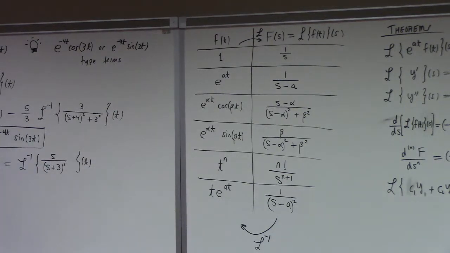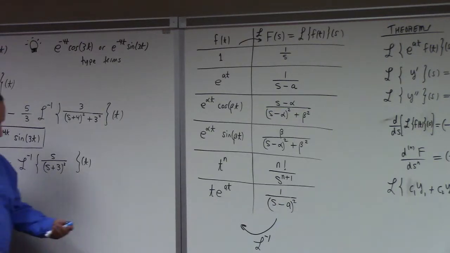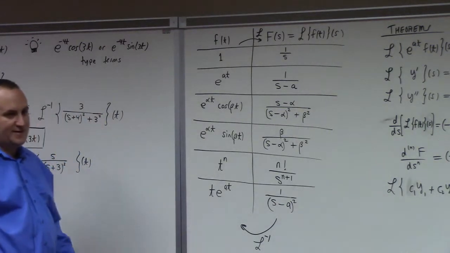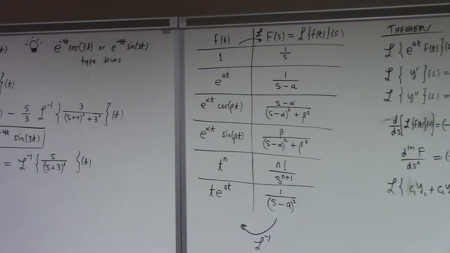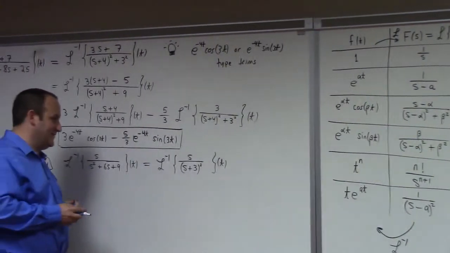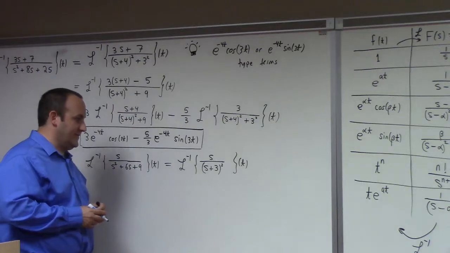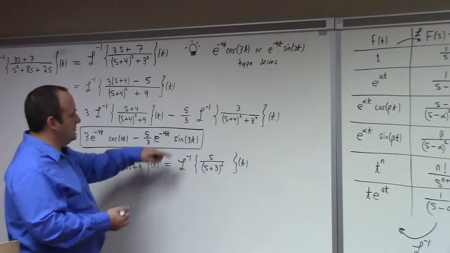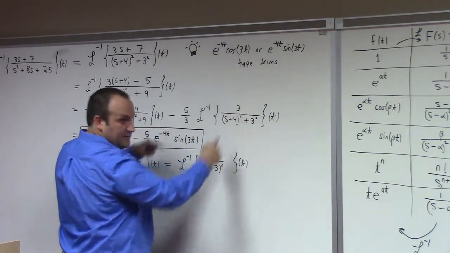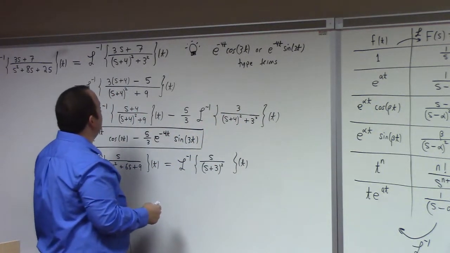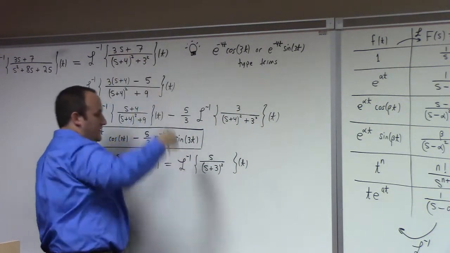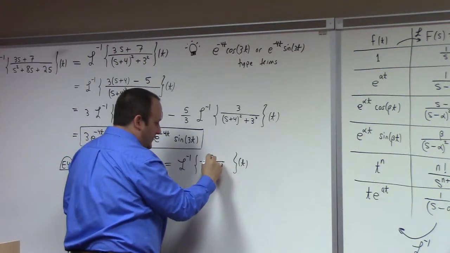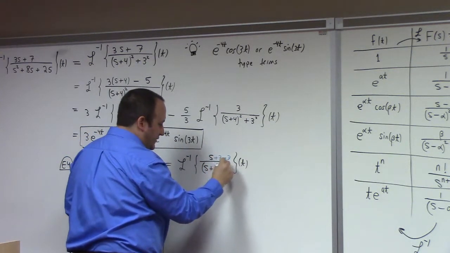So what am I going to do? Have you discovered my ninja way yet? Sorry, I've been watching a lot of Naruto. I usually add 0 or multiply by 1. You notice I multiplied by 1 here, 3 over 3. I added 0 up here somehow. But just add and subtract 3, that will do the trick.